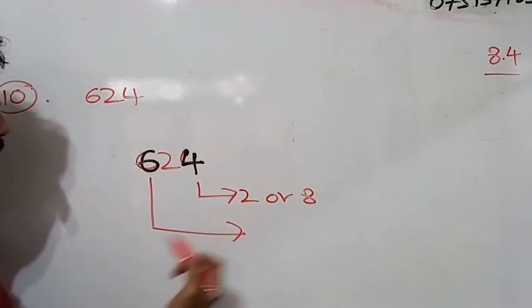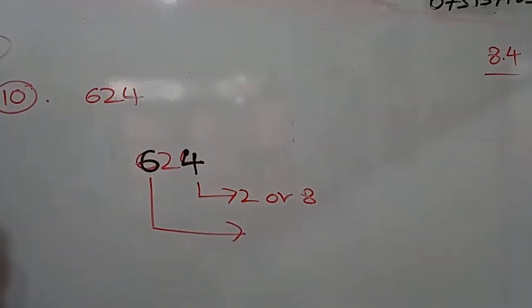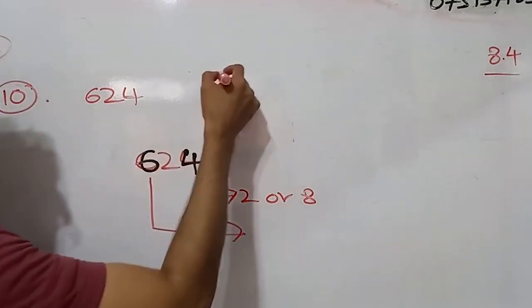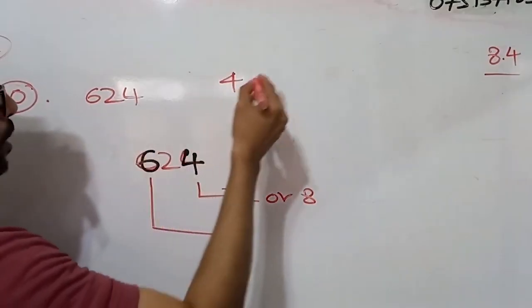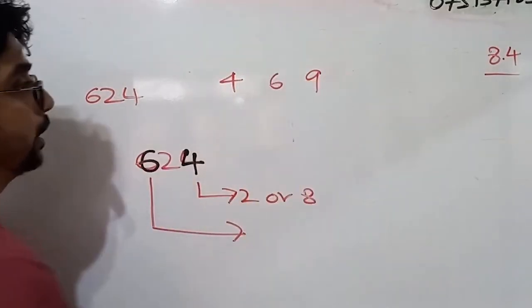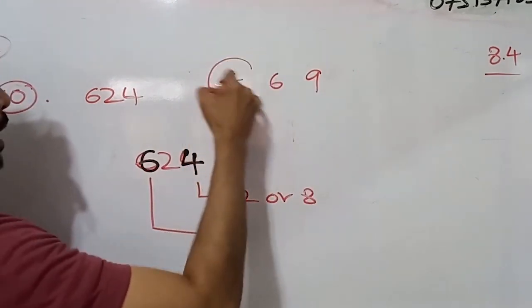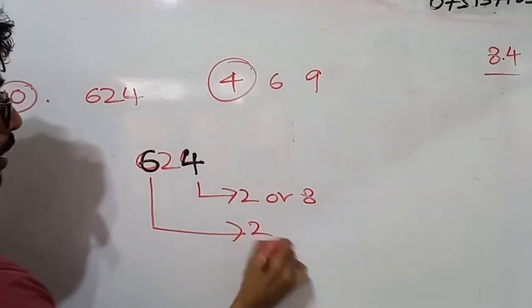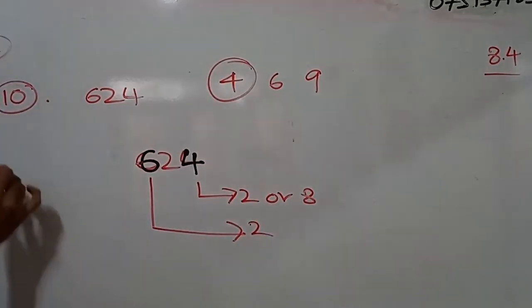So the digit on the hundreds place is what? 6. This is not a perfect square, but we know this number is positioned between the perfect squares 4 and 9. So what do we take as the number? 4. We have to write the square root of 4. So that is 2. So what are the numbers?